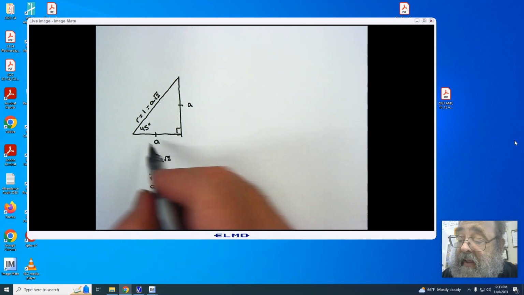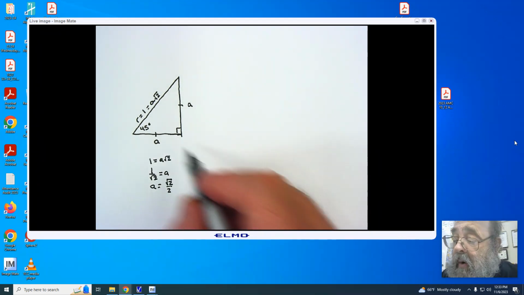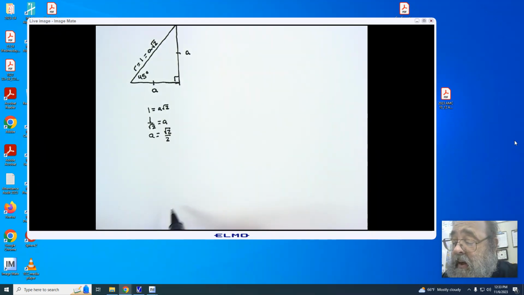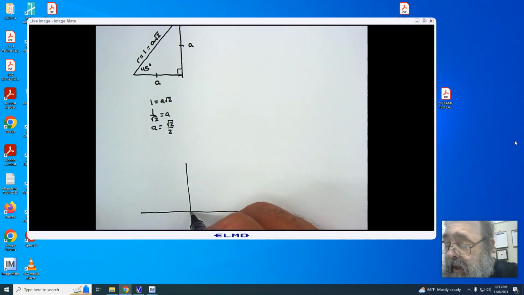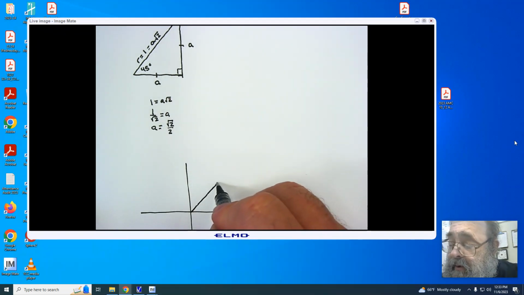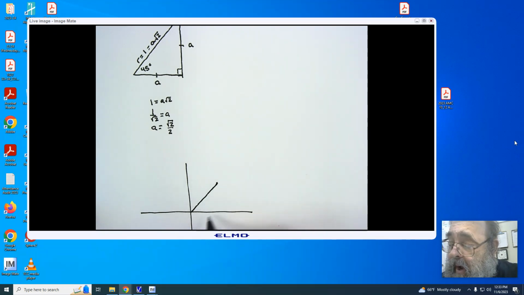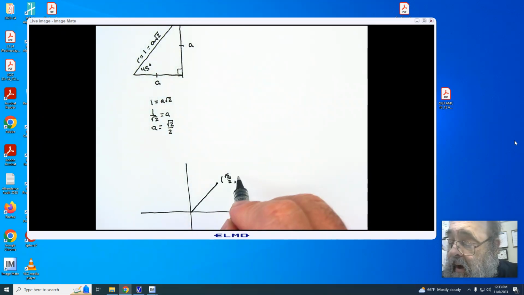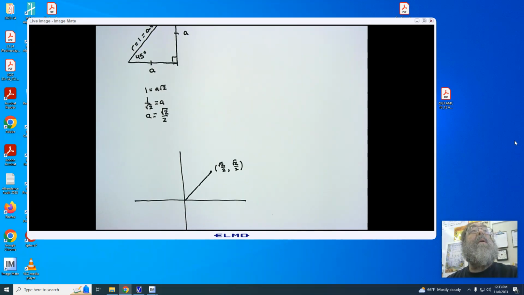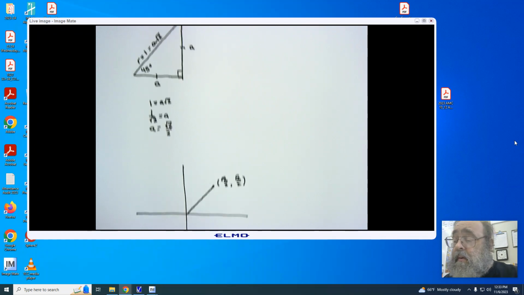Now that tells me that if this right here is overlapped on my quadrant, and I'm looking at a 45-45 degree triangle, then my x is root 2 over 2 in length, and my y has a height of root 2 over 2. And this is where we get our first point on the unit circle.